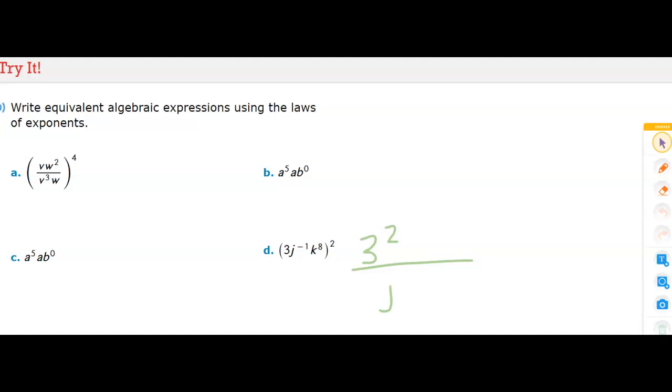And so again, when you have the outside exponent, you multiply the exponent on the inside and the outside one. So that becomes j squared. And then you have k, and then 8 times 2 is 16. So our final answer, oh no, not a final answer yet, because I did not evaluate the 3 squared. So 3 squared becomes 9 times k to the 16th power over j squared. That will be the final answer for D.